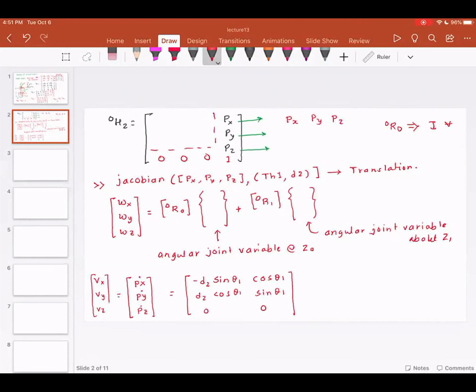This velocity in the zeroth frame is equal to this multiplied by the derivatives of the joint variables, theta 1 dot and d2 dot. So these are the joint velocities, and this is the Jacobian.